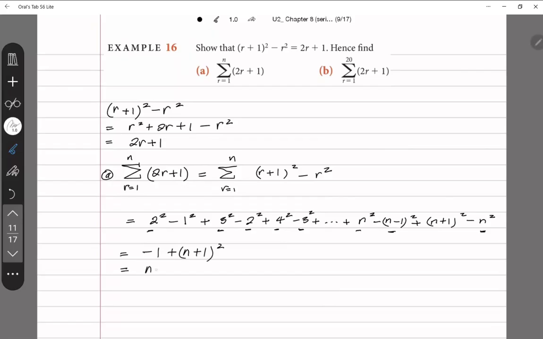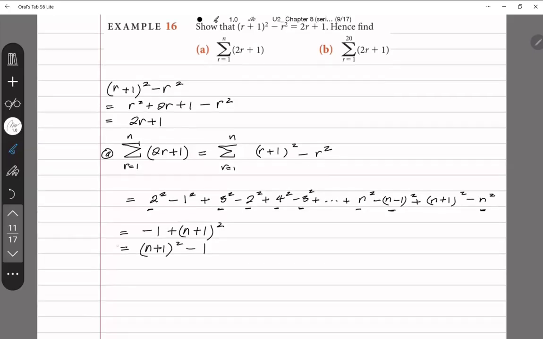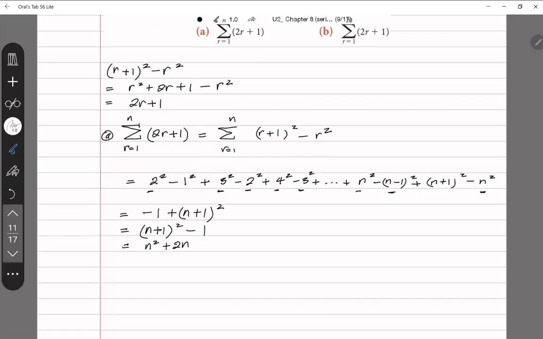You could put n plus 1 squared minus 1, which works out to be n squared plus 2n plus 1 minus 1. It's n squared plus 2n. So the summation from r is equal to 1 to n of 2r plus 1 is equal to n squared plus 2n.